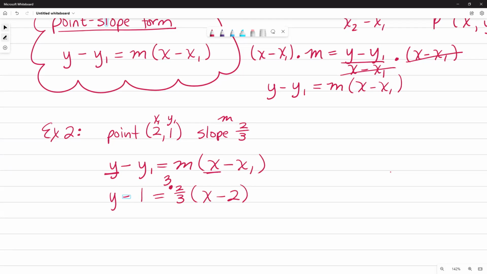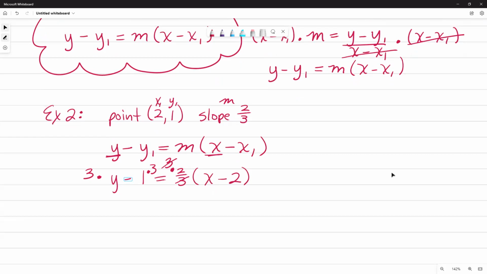You don't multiply it by both of those because they're being multiplied. The only terms you multiply are the ones separated by addition or subtraction. This one is not; this is multiplication. So we do multiply the y times 3 and that 1 times 3. These cancel out, gets rid of my fraction, which was the point. So this side ends up being 2 times x minus 2, and this is 3y minus 3.